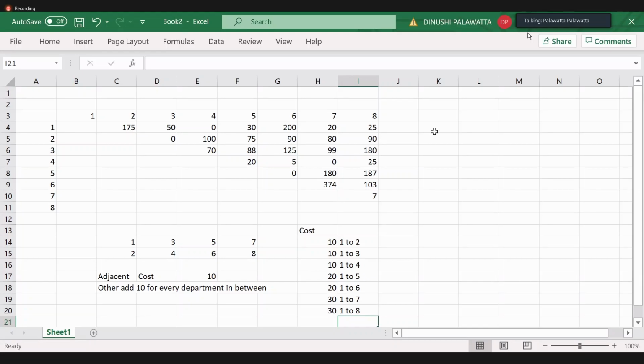Now, you see, 1 to 2 cost is 10, and 175 is the number of loads. So you multiply this by 10.